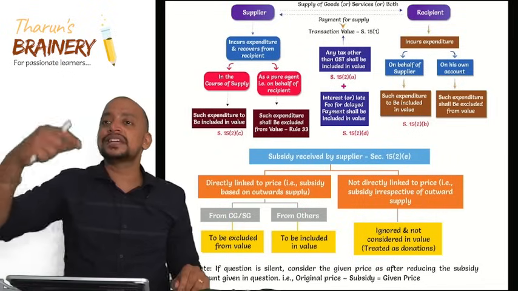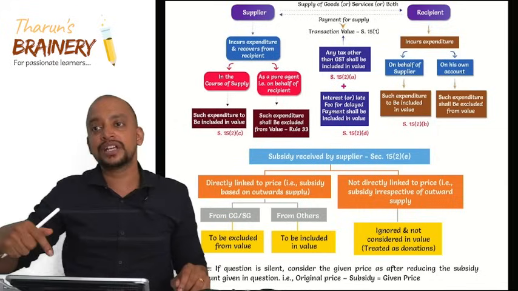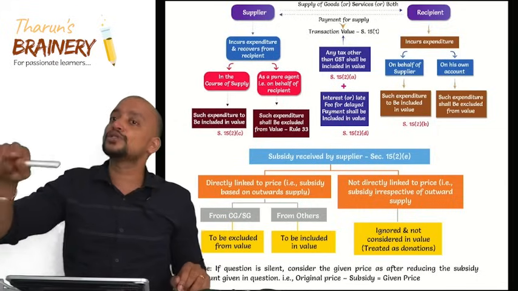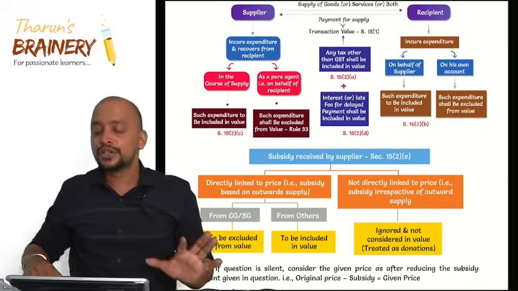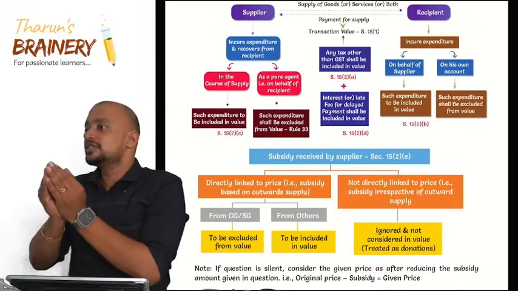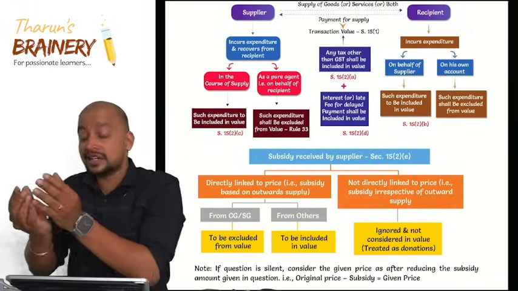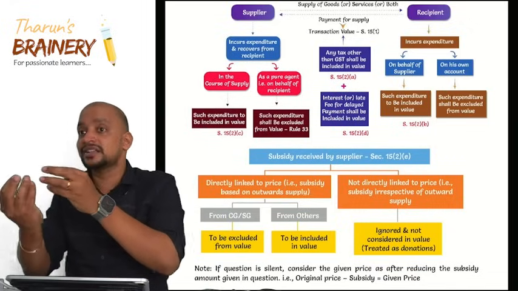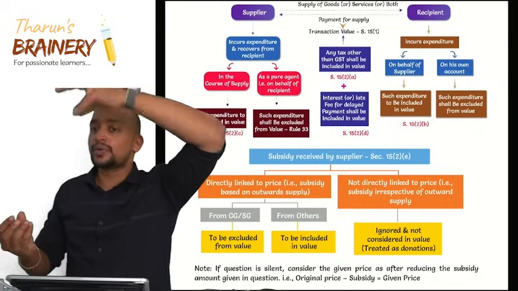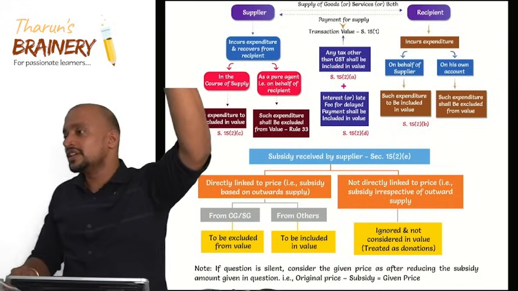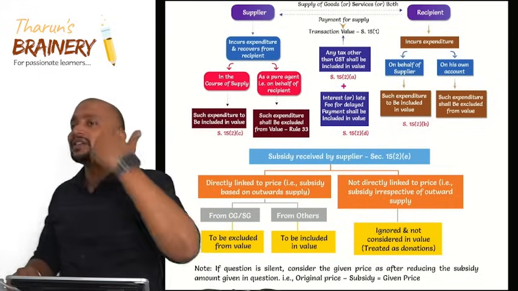If the invoice is exempted, for non-payment of that invoice, if interest is levied, that interest is also exempted. Got it? So therefore, this interest is not a standalone transaction. It derives the tax rate from the principal supply. What is the principal supply here? Invoice. For non-payment of that invoice, this interest is collected.